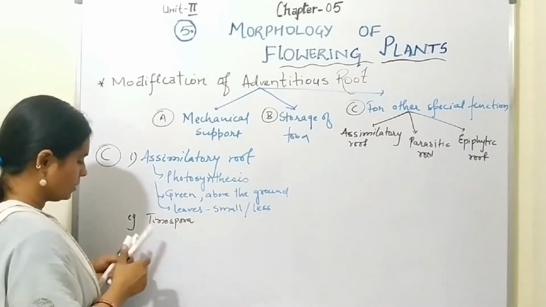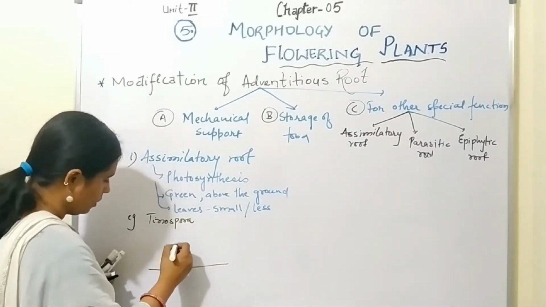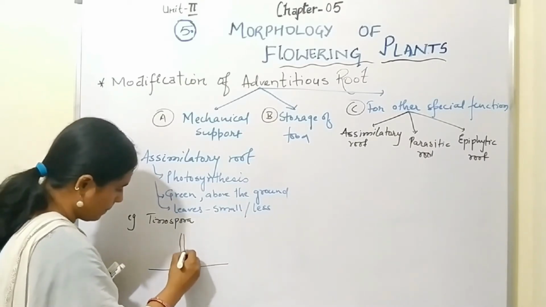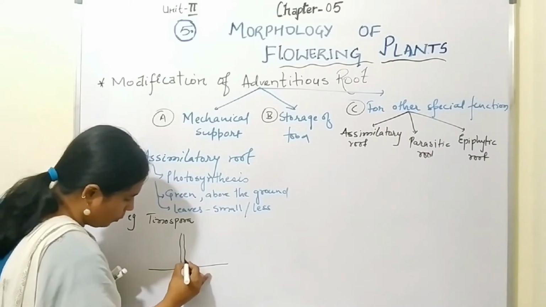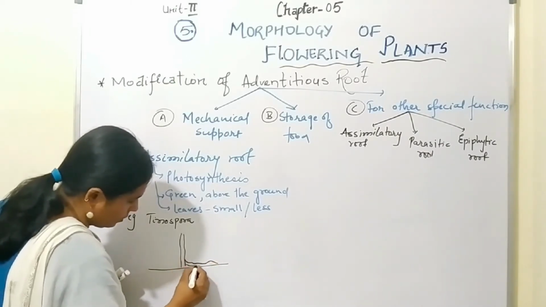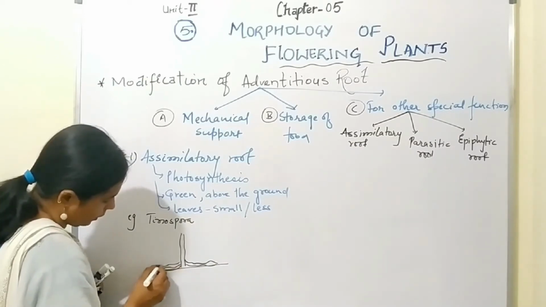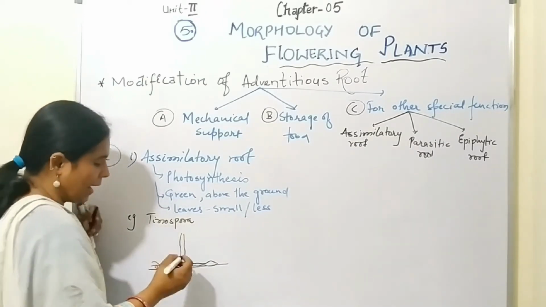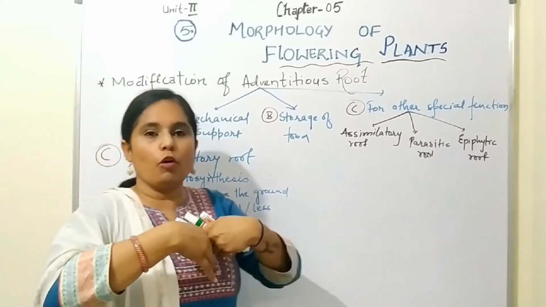Here in this type of root, what you will see: this is the stem, fine, and roots will grow horizontally on the ground, and they will be green. And these roots should not go over a huge area.